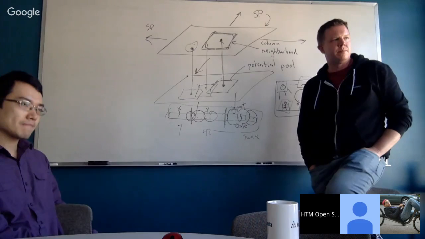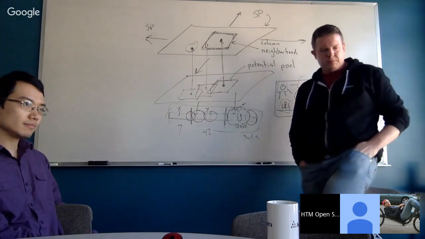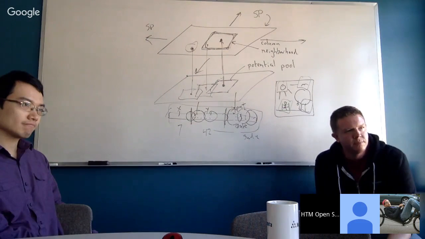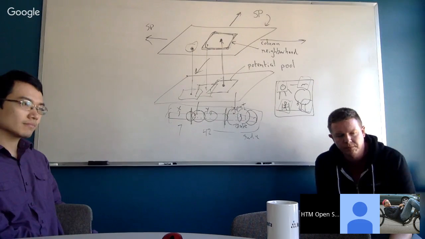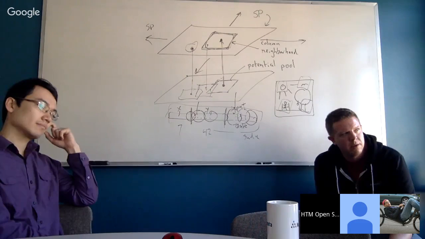One is whether spatial pooling is somehow related to the topology of how the input bits are organized, and from the visual viewpoint, when you encode images, there seems to be an advantage to that.